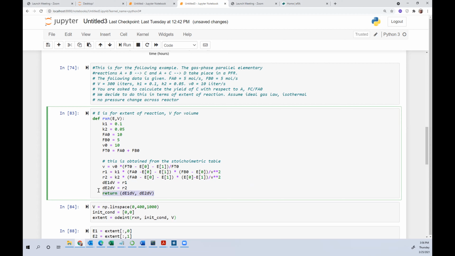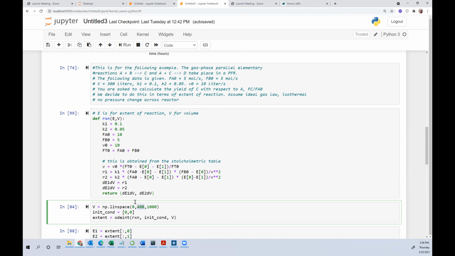And to return D1 dV, D2 dV. Okay, so that gives no errors. That's good. And now I'm using linspace instead of np.arange. So here it tells you it starts from volume of 0, goes to 400.